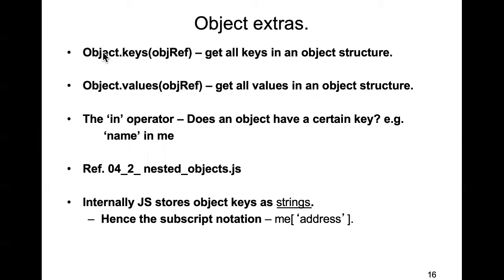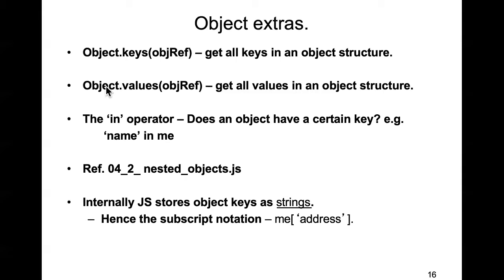There's a special global object called Object, which has a method called keys. If you pass it a reference to an object that you have, then what keys will return is an array of strings where the strings are the names of the keys in this object.